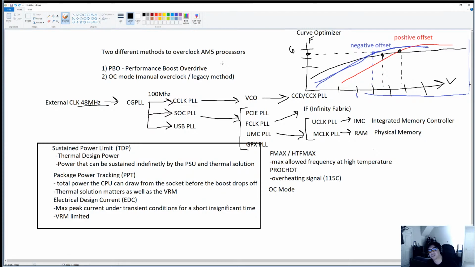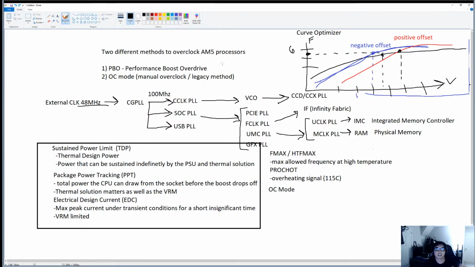Back in the days of Zen 1, if you wanted to overclock Ryzen, your only option was either OC mode or P-state overclocking. Today, we don't really have P-state overclocking anymore. Now it's really all automated. It's all PBO based. And you have Curve Optimizer and those other tools like we talked about with the PPT and the EDC. But OC mode is really for world records.